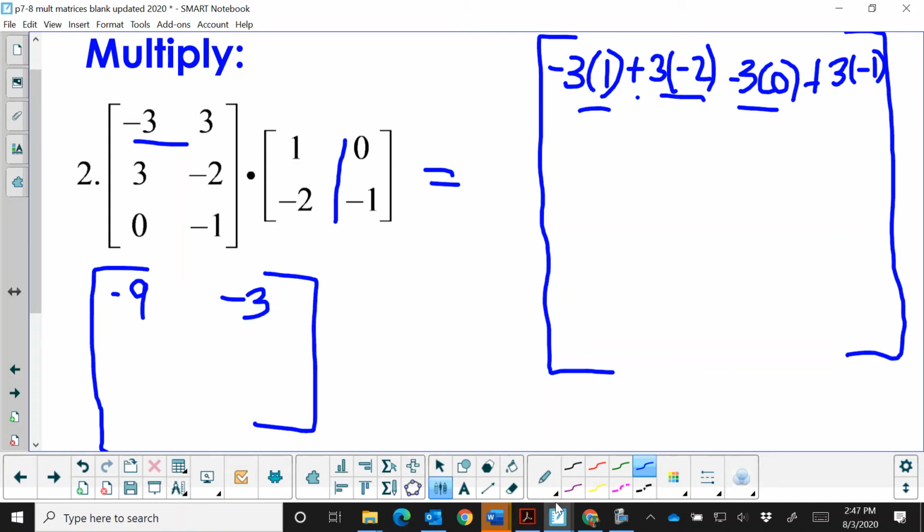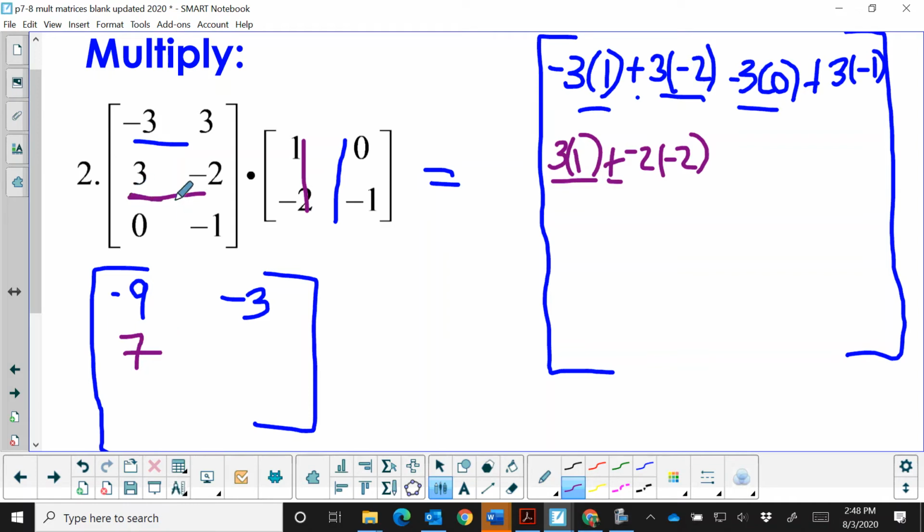So I have my first row done. Now let's go to the second row. Second row, first column. That's going to give me 3 times 1 plus second elements, -2 times -2. So that's going to give me 3 plus +4, that's 7.